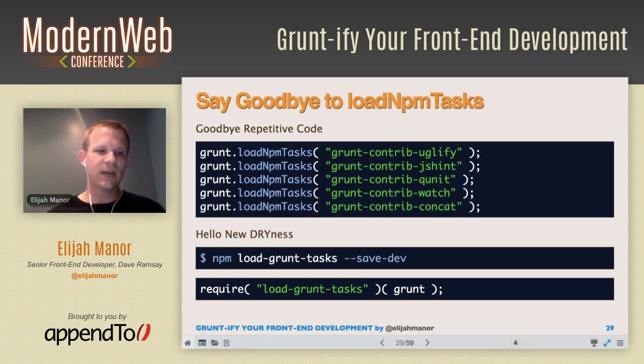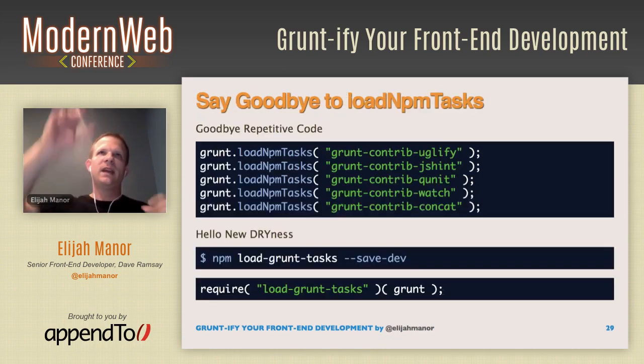And all I have to do is require load-grunt-tasks, pass in grunt, and it will automatically look in the package JSON file under devDependencies and say, oh, well, I probably need all these things. And so it goes and does all that for you. So instead of these 5 lines of code, you just need 1. And as your grunt file gets larger and larger, you'll probably use more and more plugins, but you still only have 1 line because it's smart enough to do all that work for you. So that's one nice thing.